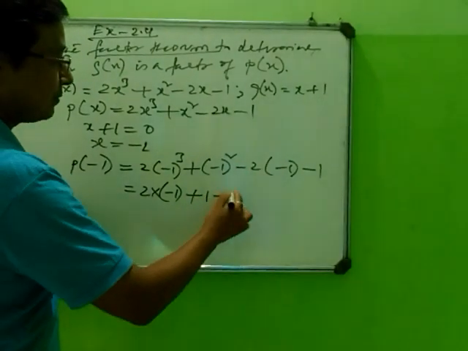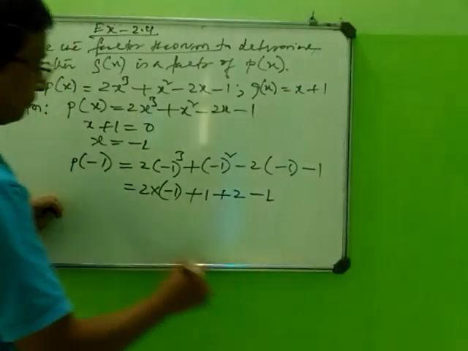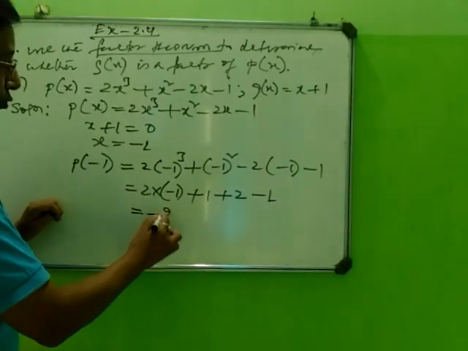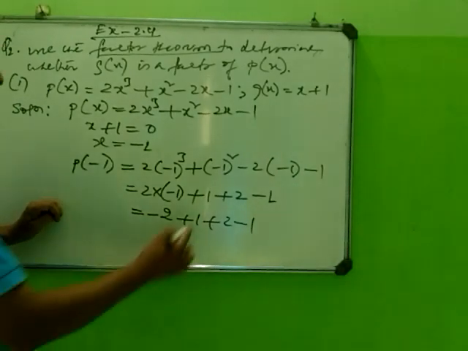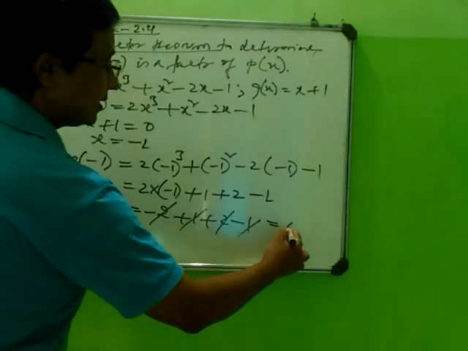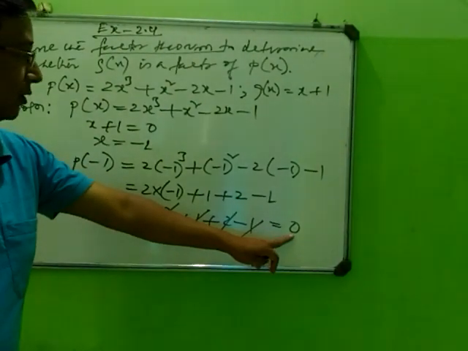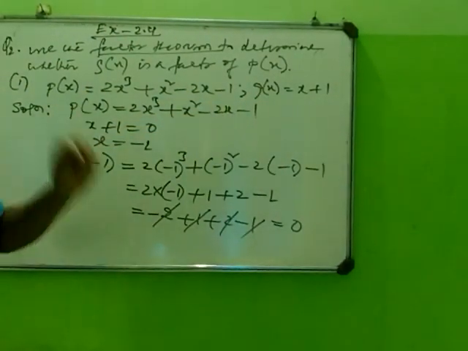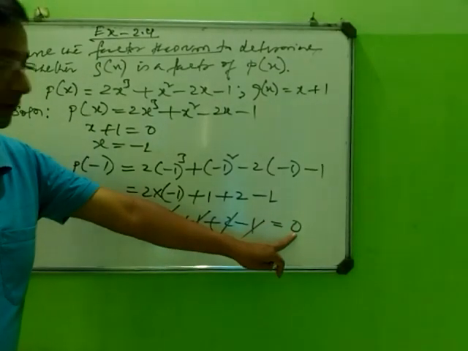Minus into minus will be plus, 2 into 1, 2, minus 1. So you will get minus 2, plus 1, plus 2, minus 1. So plus 1, minus 2, plus 2, you got 0. That means since the remainder is 0, by factor theorem, g of x is a factor of p of x because the remainder you got is 0.